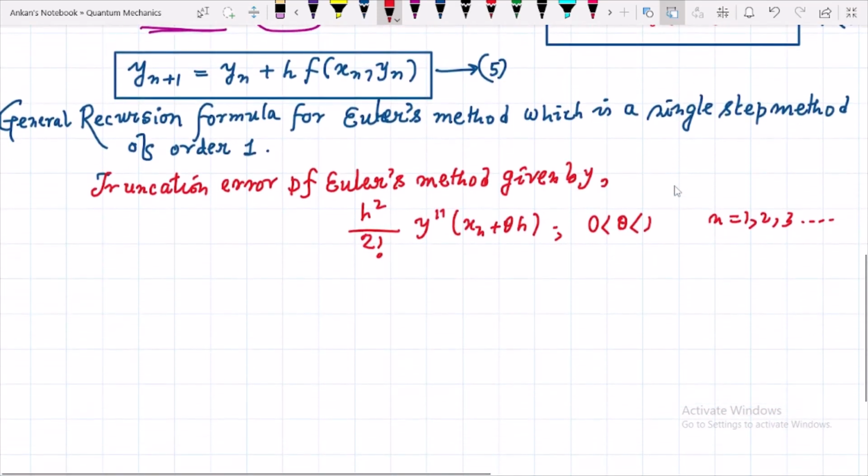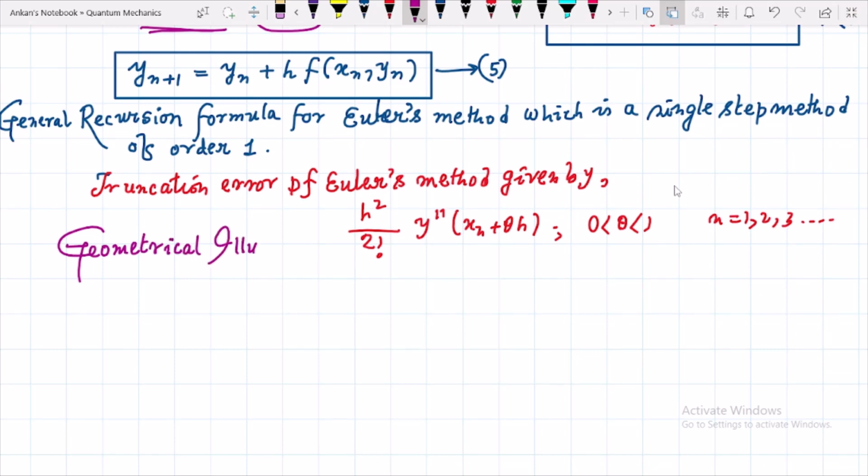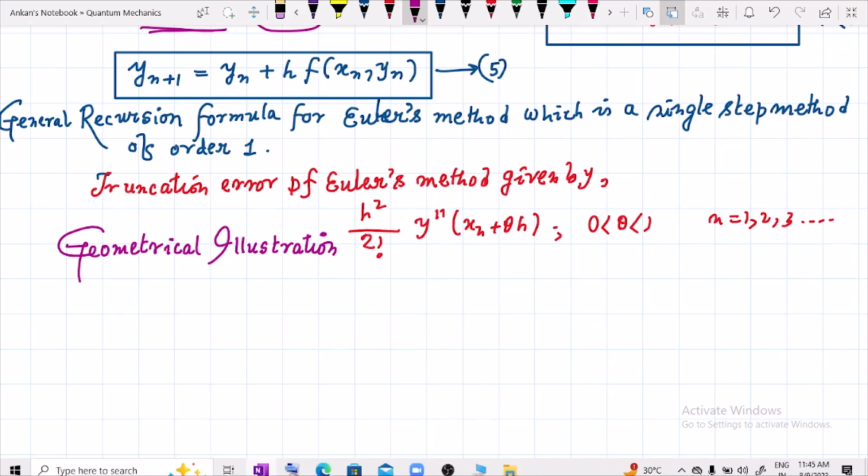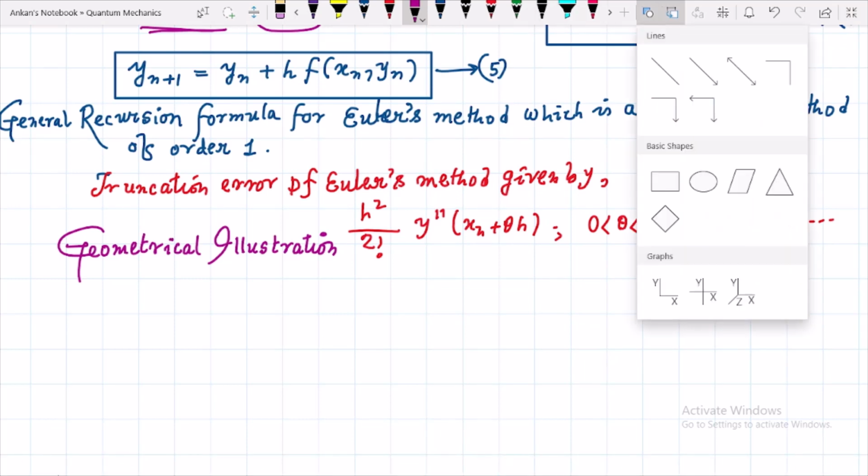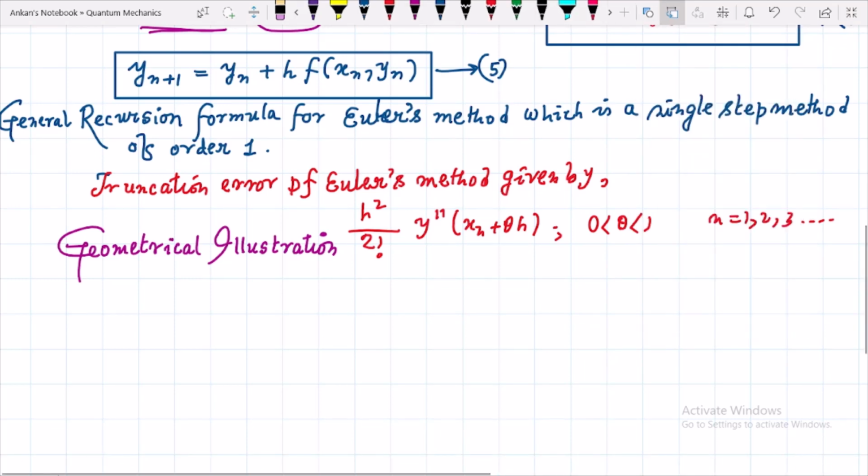Now let us discuss the geometrical illustration of Euler's method. For this, I must have a two-dimensional axis.